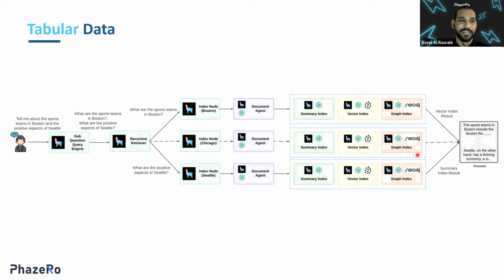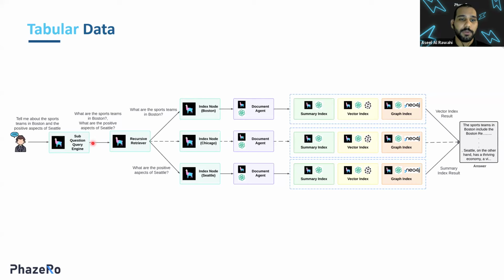So in here, we have one example of recursive retrieval utilizing an open source framework called Llama Index. And as you can see, here the user is asking two different questions. So what we really do is we split these into two different questions, and we go into our pipelines for these specific documents.